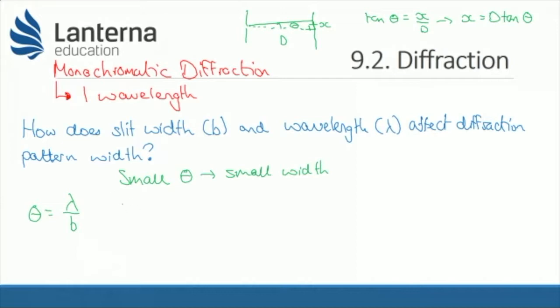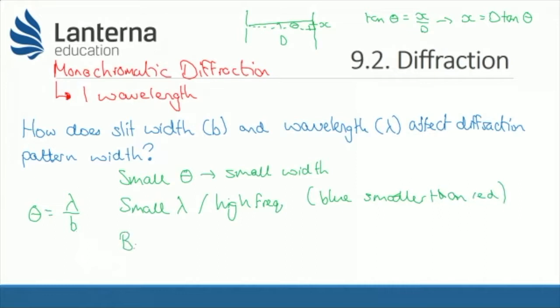And to get small theta, I either need small wavelengths, which means high frequency. So that's going to mean something like blue is going to be smaller than red. And I want a big b, which means a large slit, which makes sense.